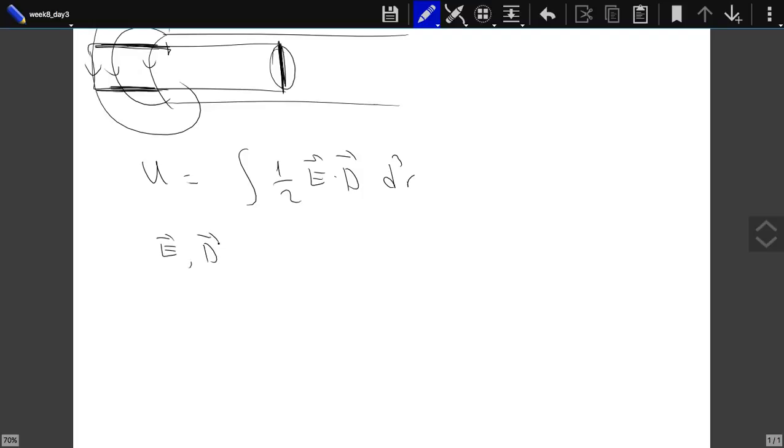It should satisfy certain conditions, such that E is 0 inside the conductor, and E is perpendicular to the surface of the conductor.